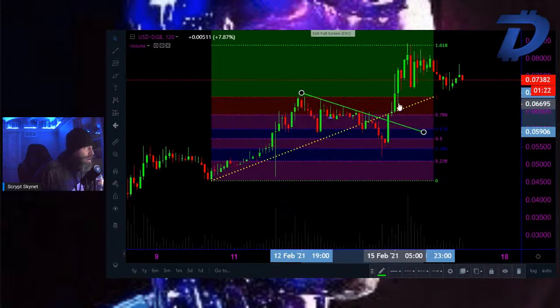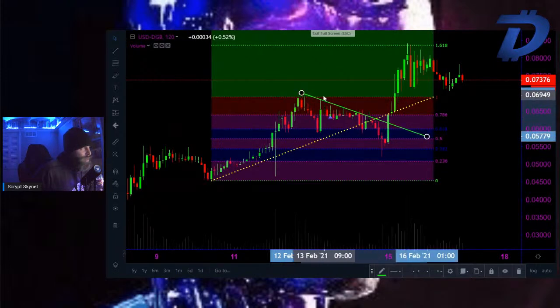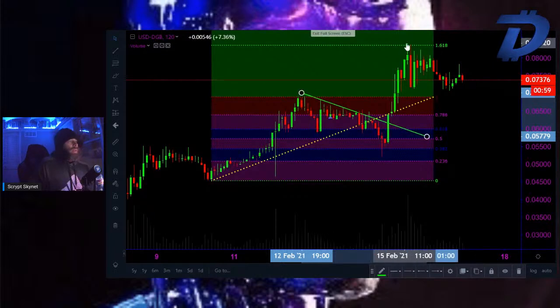And then all we need to see it do is break out through this wedge that the Fibonacci is already showing, right? This wedge. And it did, and it went up, and now we're in our green, and the next target for that is the 1.618, okay? And it reached that, obviously.